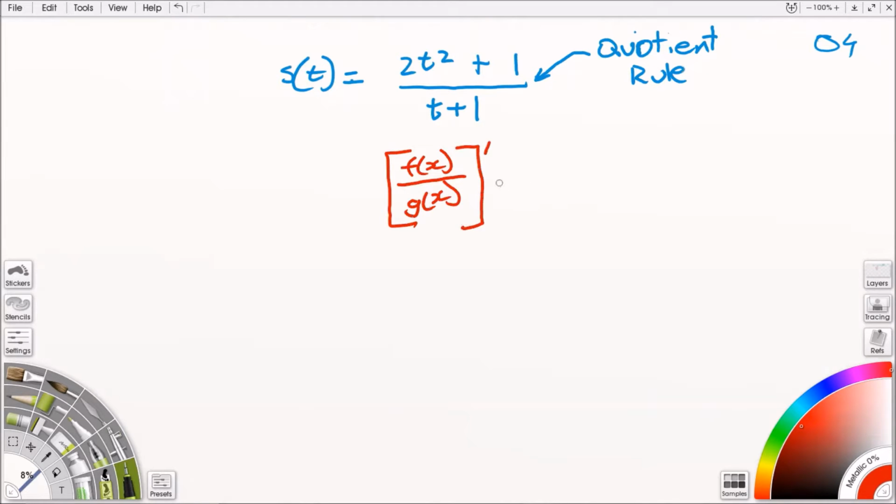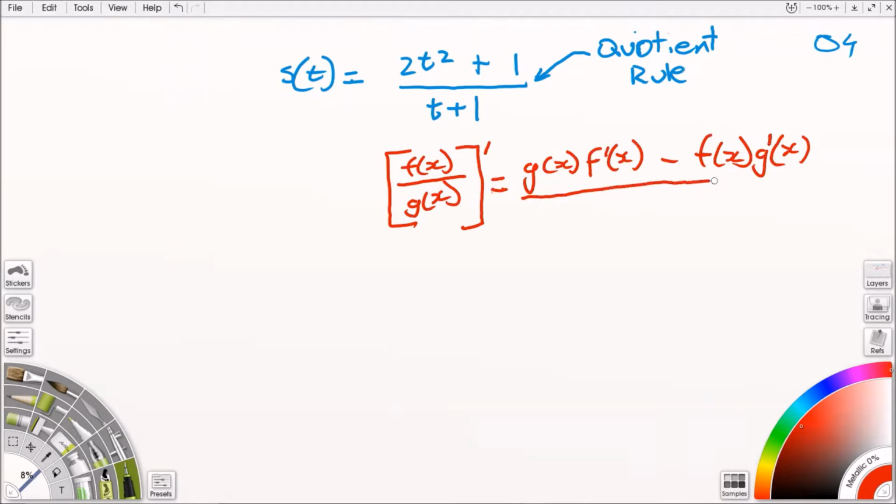I'll explain it slightly. So we have g of x, dash x minus. I've had to use this rule so many times, and each time I have to re-look at it unless I've been practicing consistently.